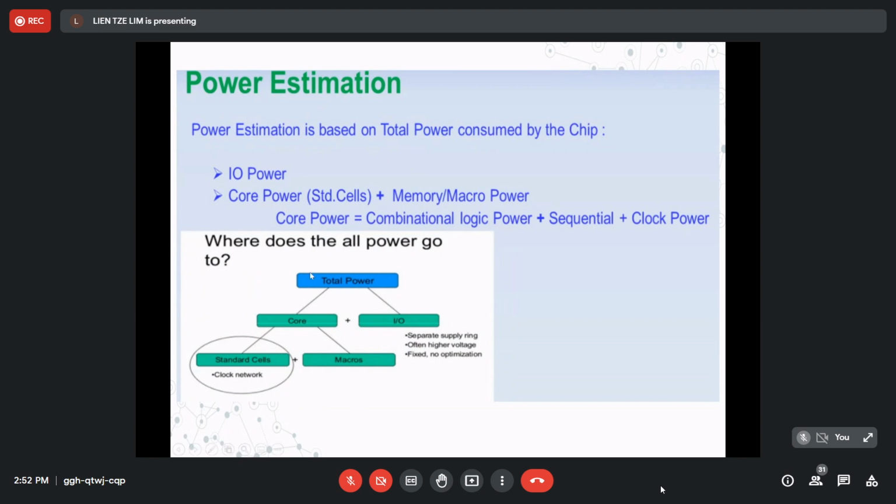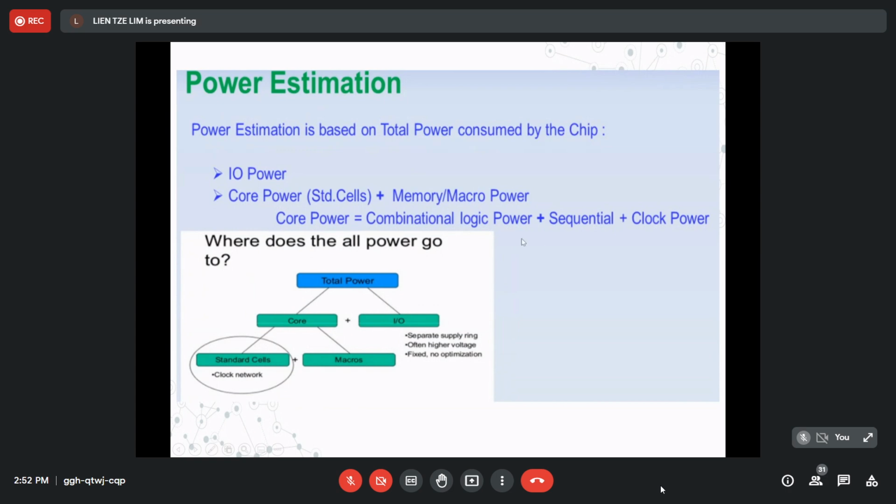Okay, and where does all the power go to? The power supply to the chip should consider supplies to the standard cells and macros. All standard cells and macros consist of combinational logic circuits, sequential circuits, and the clock.